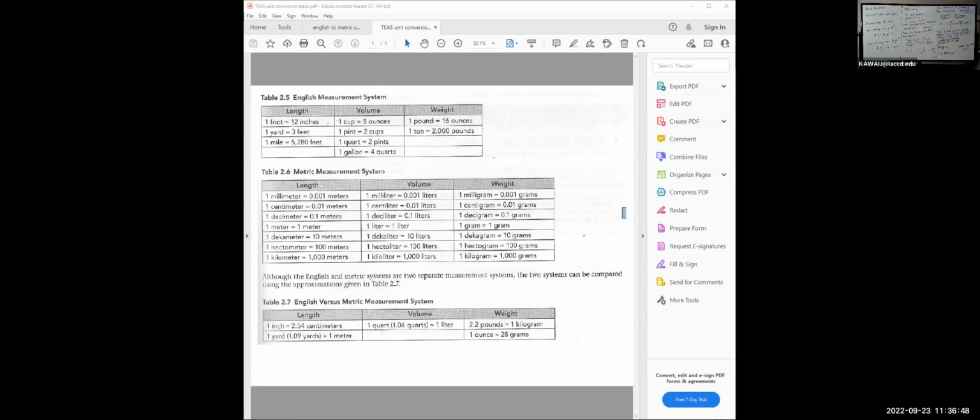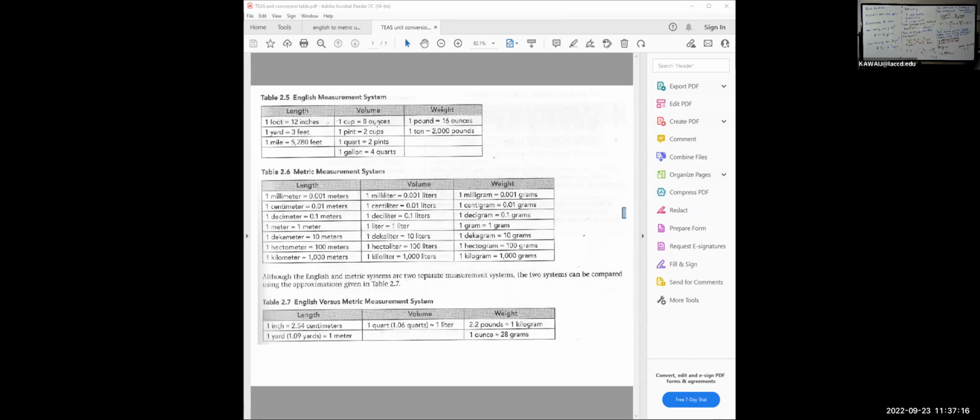So if I want to convert feet to hectometers, I would go from feet to yards, yards to meter, and then meter to hectometer. Okay, so I just want you to understand that, right? So this right here tells you to always convert to yards, change to the meter, and then convert.